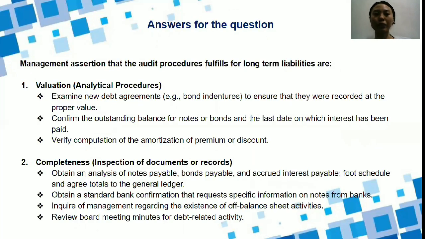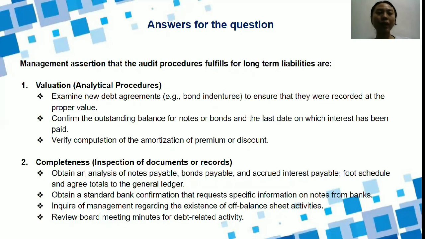For the management assertions that the audit procedures can fulfill, they are about valuation and completeness. Valuation is related with the analytical procedure, and completeness really relates with the inspection of documents or records.